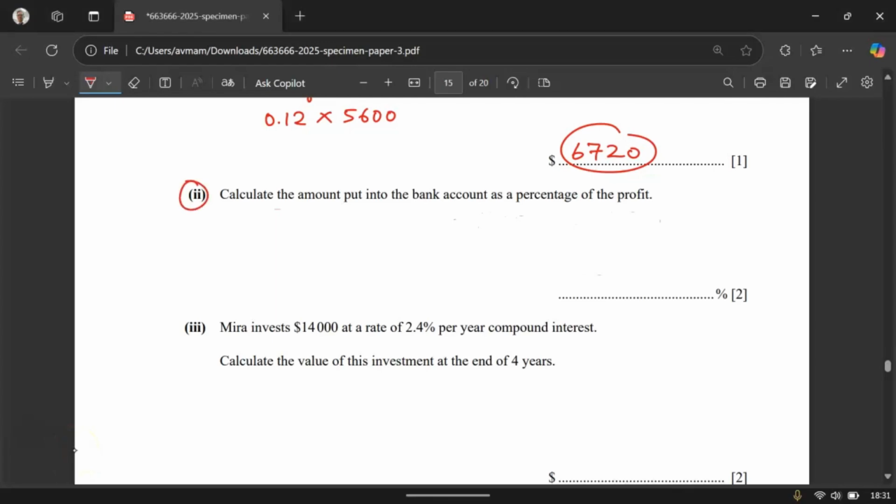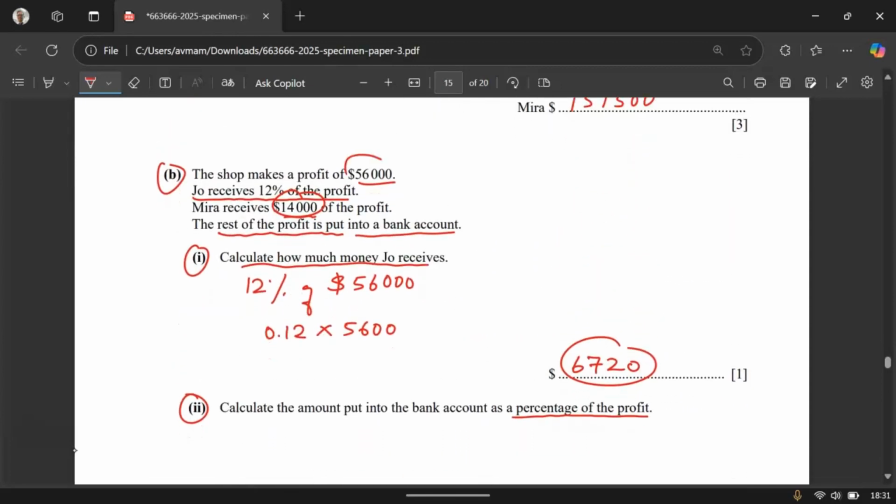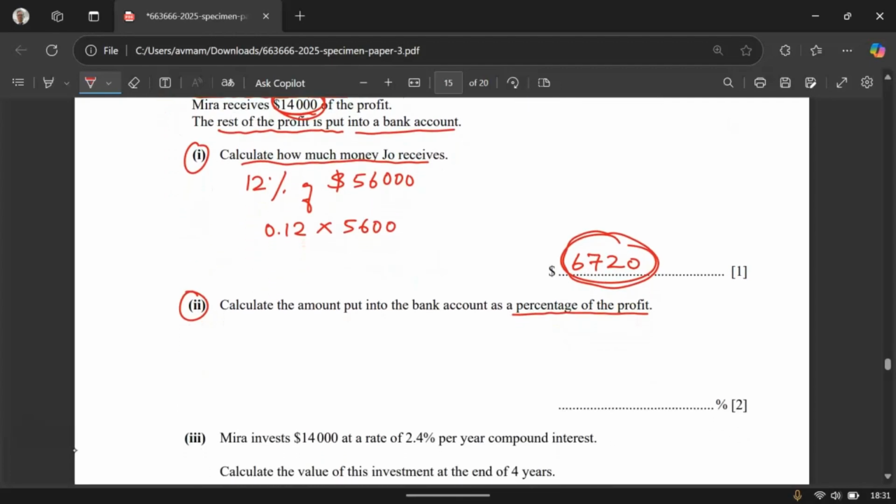Let's go to question number 2. Calculate the amount put into the bank account as a percentage of the profit. So the total amount is 56,000 and we need to subtract this and 14,000 to find out first how much did they put into the bank.